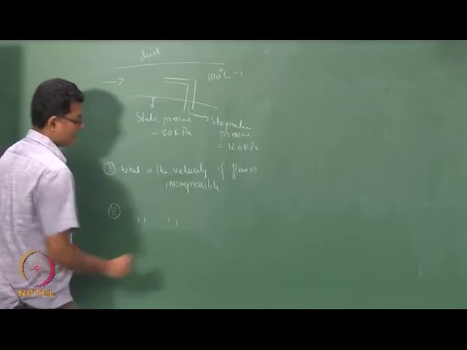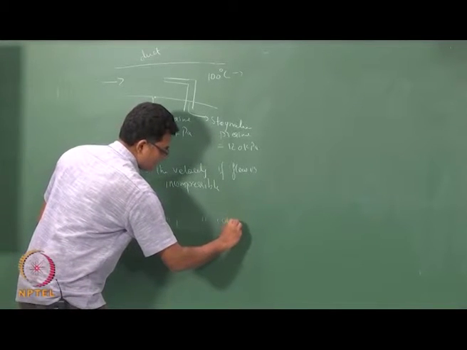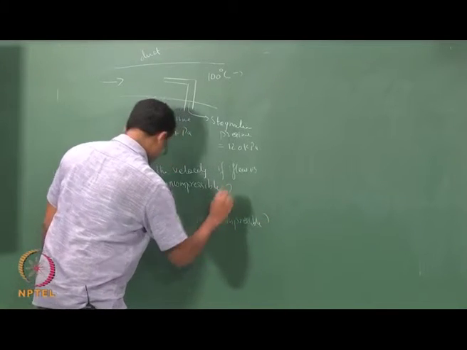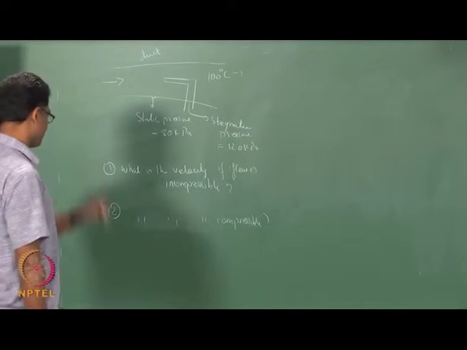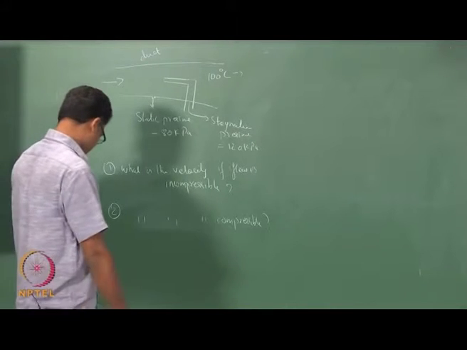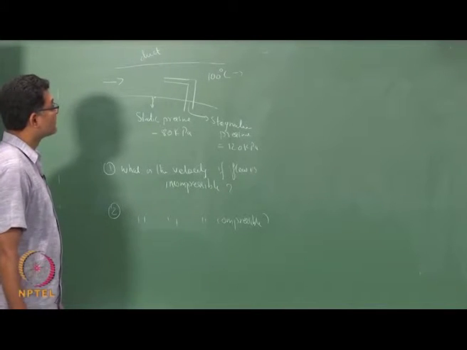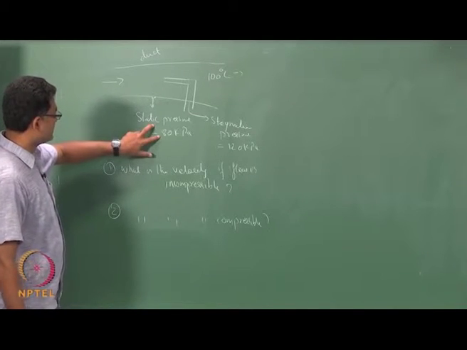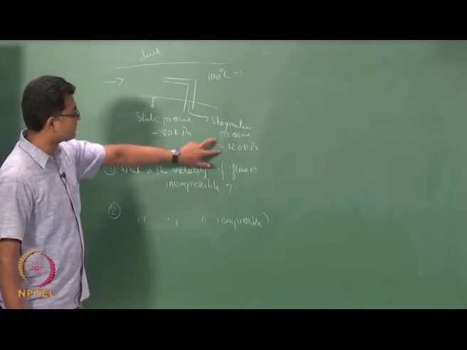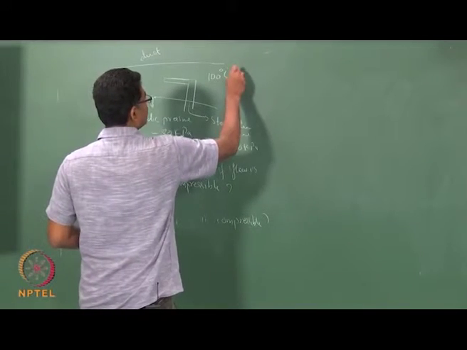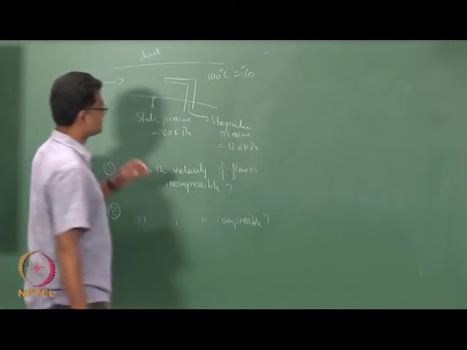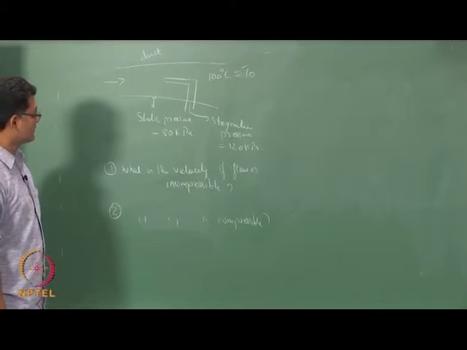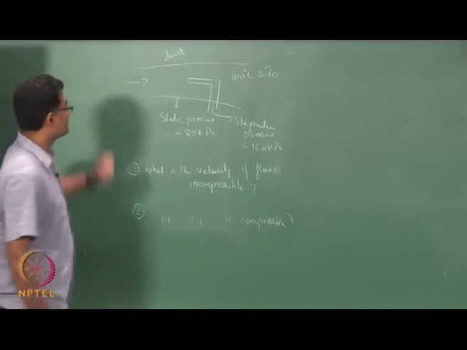What is the velocity if the flow is compressible? So, I have given you the static pressure, stagnation pressure and the stagnation temperature associated with this flow. The question is to find the velocity.